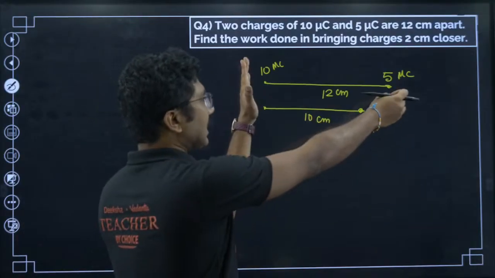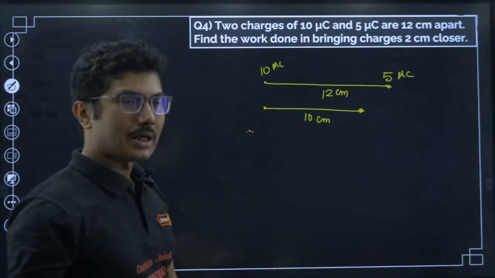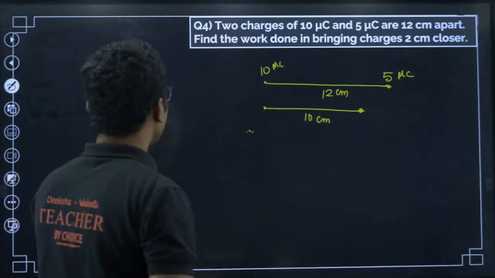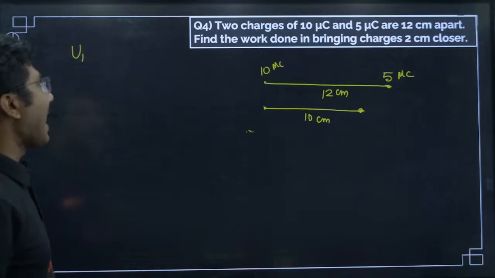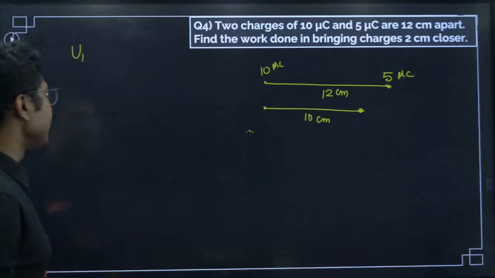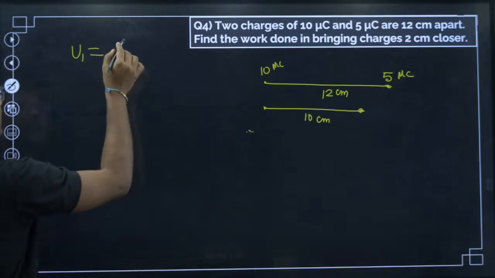If you keep this charge fixed, suppose you bring this charge closer, that is the work done. So how to do that? For that you have to calculate the initial potential energy and the final potential energy and find the difference between them. So what is the initial potential energy?